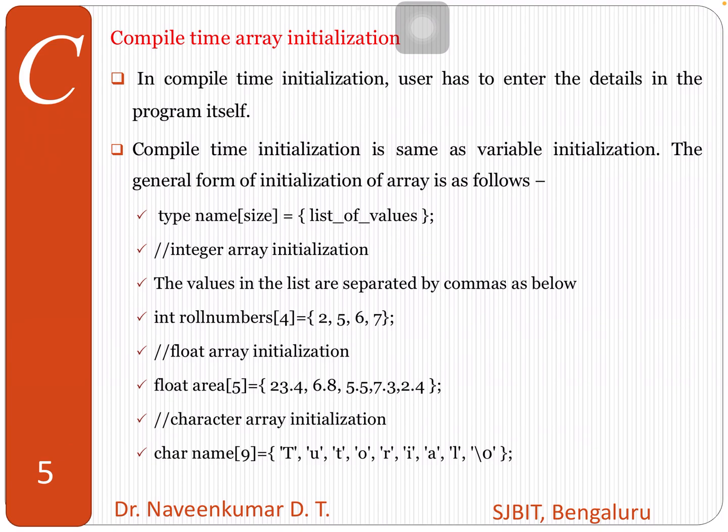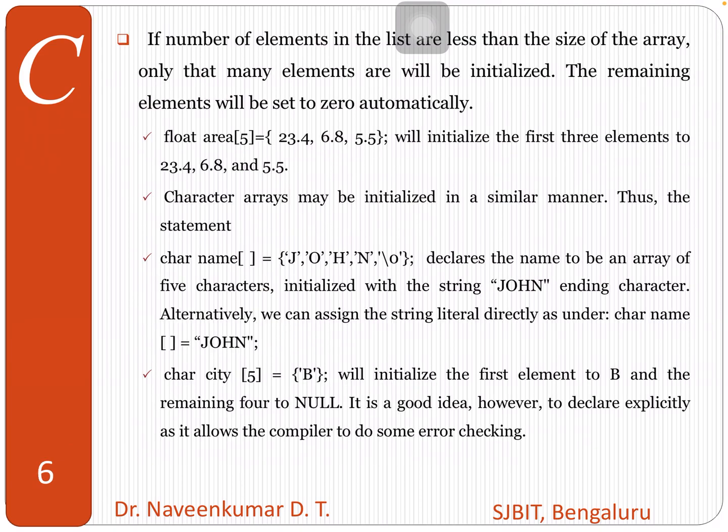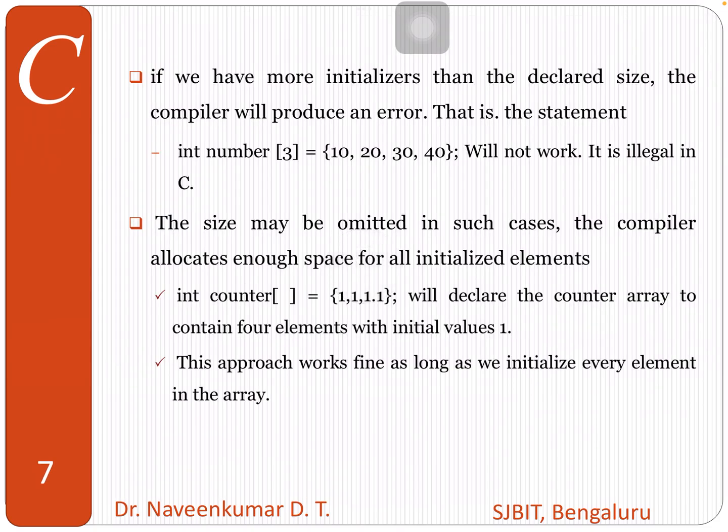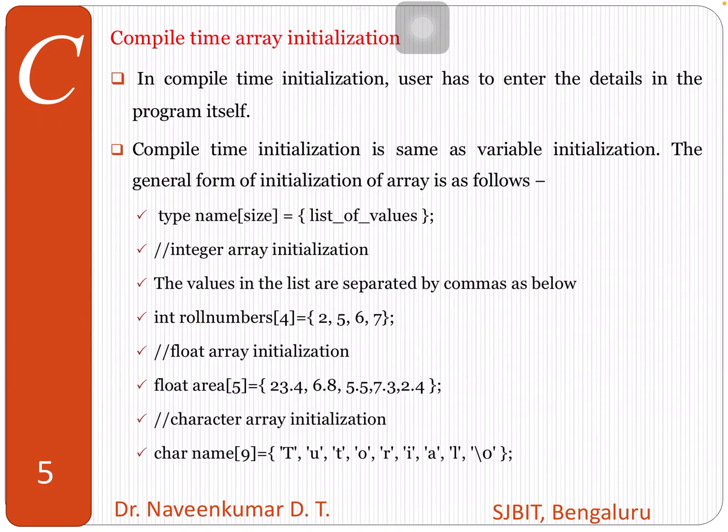So in the next video we will discuss compile time array initialization and runtime array initialization. In a general sense, runtime initialization is when the value to be assigned to the array is given when we run the program: it will prompt for the value, and then we have to enter it.